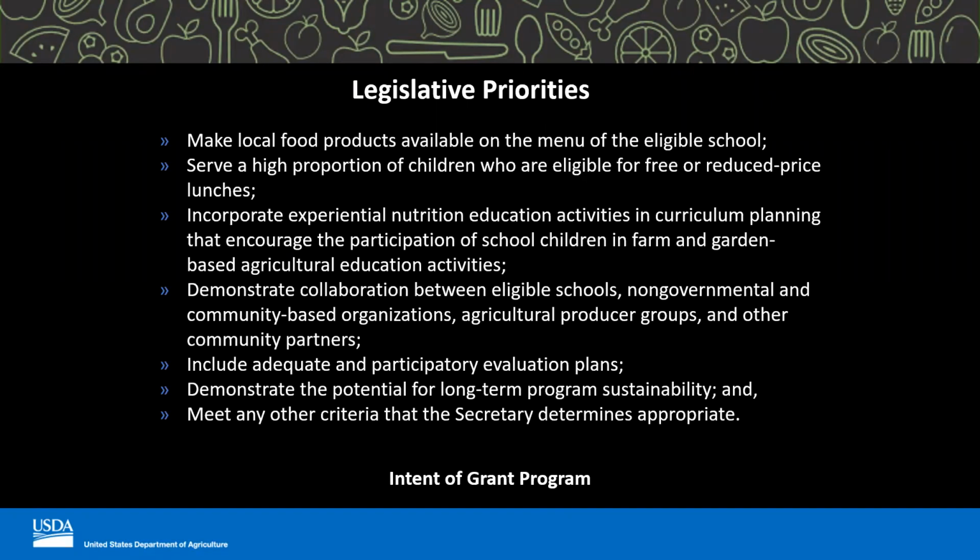Whenever possible, connect your application back to the legislative priorities highlighted here. This is especially important when writing your proposal goals. Make sure to address how they connect to the overall priorities of the Farm to School grant program.